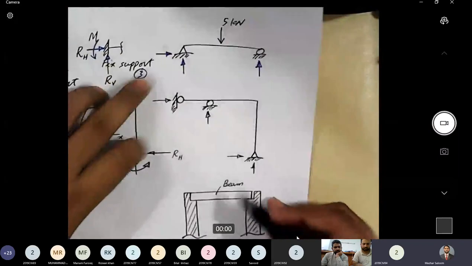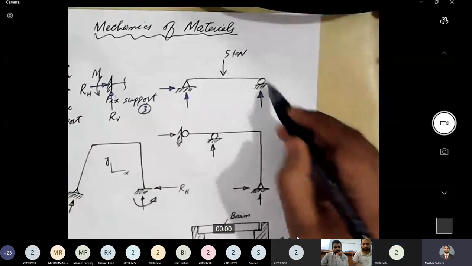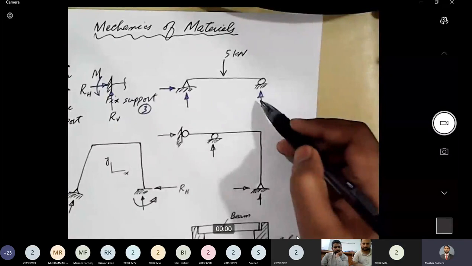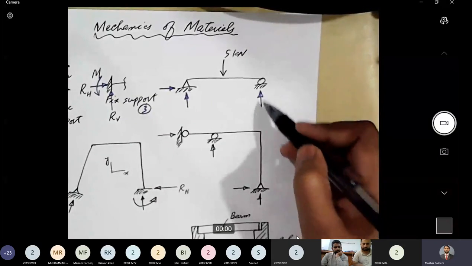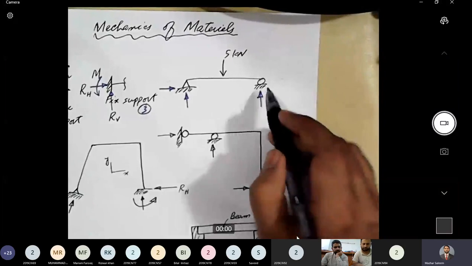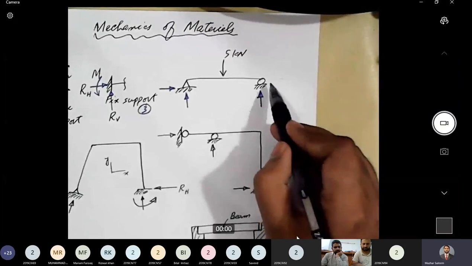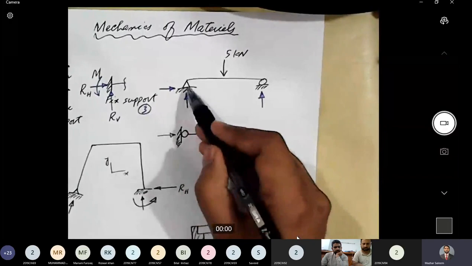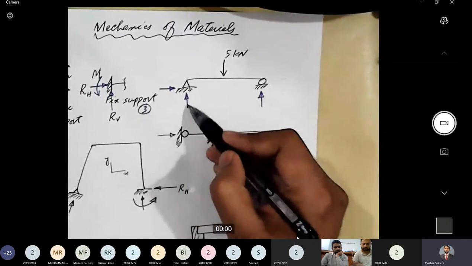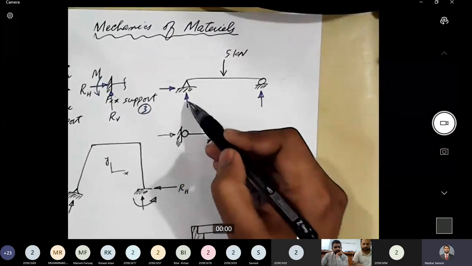What is a roller support? A roller support can generate reaction normal or perpendicular to the supporting surface only. It cannot generate a reaction parallel to the supporting surface. Hinge support, on the other hand, can generate reaction perpendicular as well as parallel to the supporting surface.